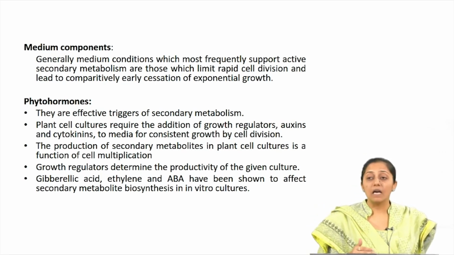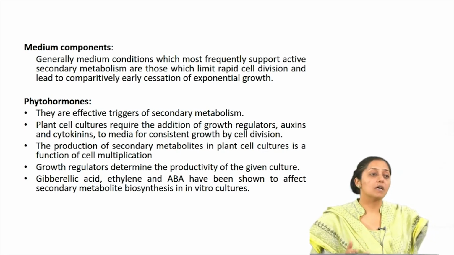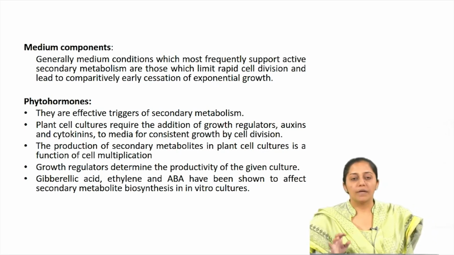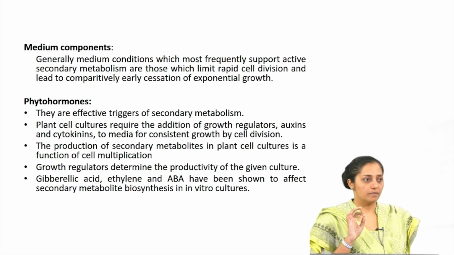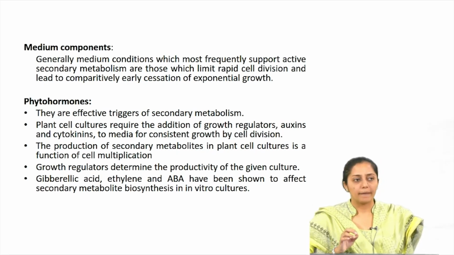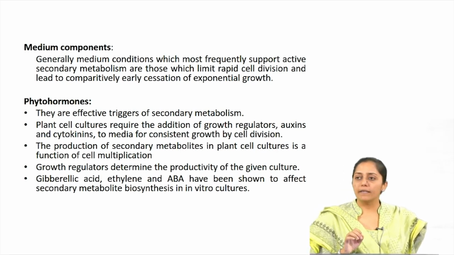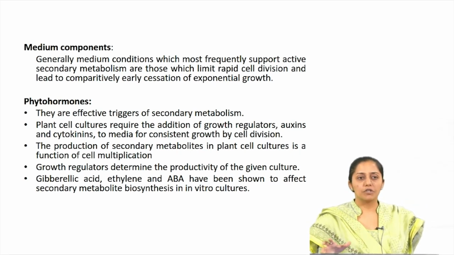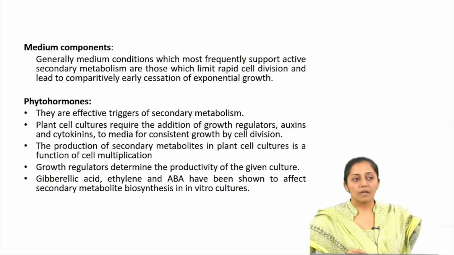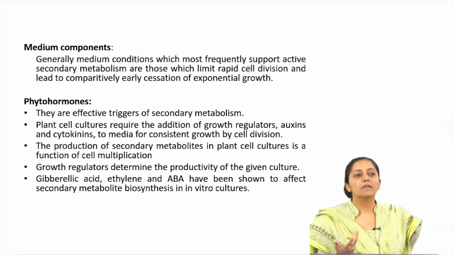Now we will see how the media composition is optimized. When the objective is to optimize for maximum biomass, for example, how will you find, using single factor, a range in which you should be optimizing? If suppose the range is not right, what kind of trend will you observe?